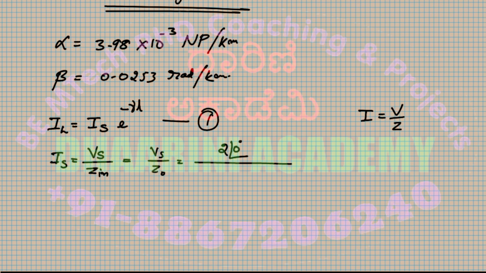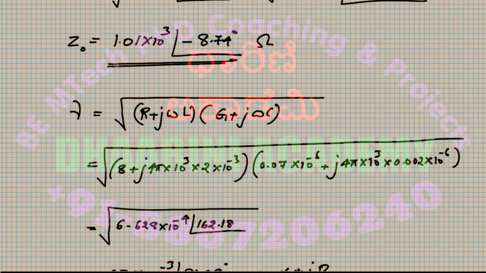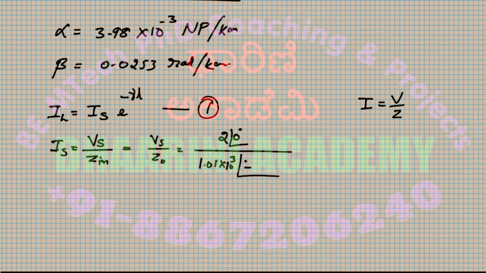1.01 into 10 to the power 3 at an angle minus 8.74 degrees. It is simply 2 divided by 1.01 into 10 to the 3. That 10 to the 3 will become 10 to the minus 3.